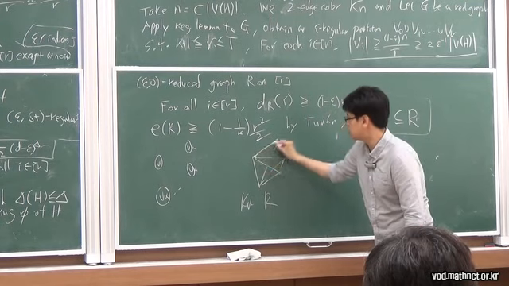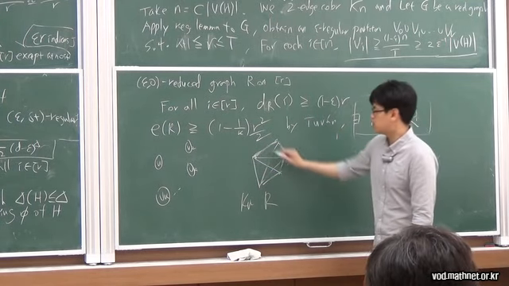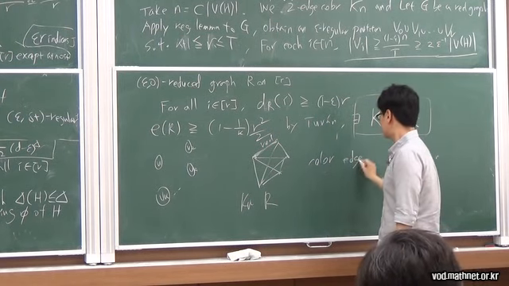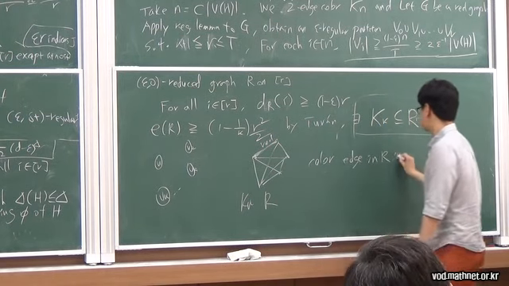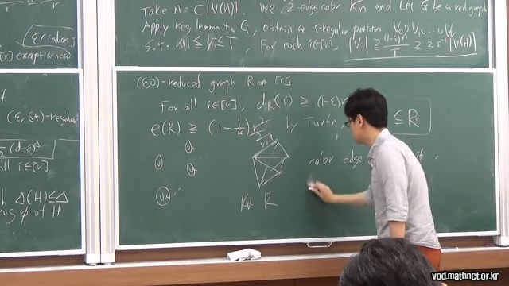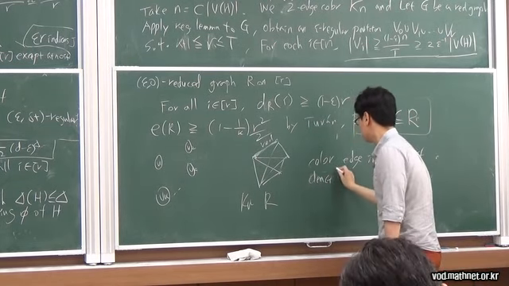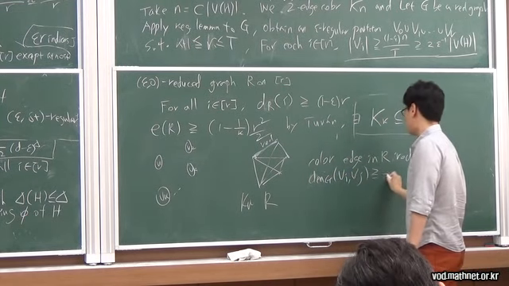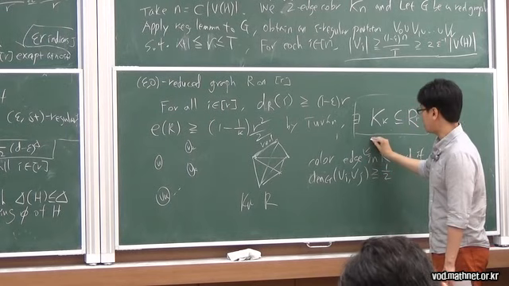So we color this edge H in R red if its density of G between B sub I and B sub J is at least half. So H_ij is red.